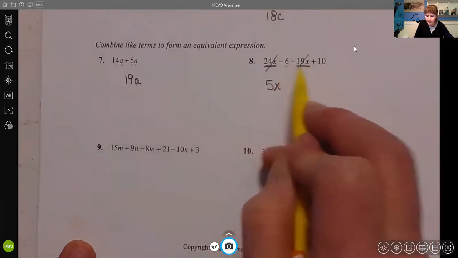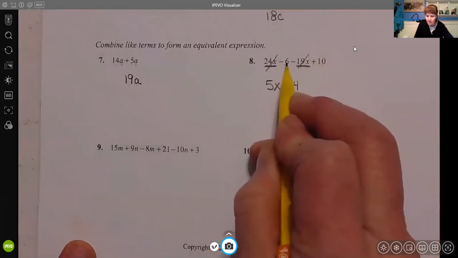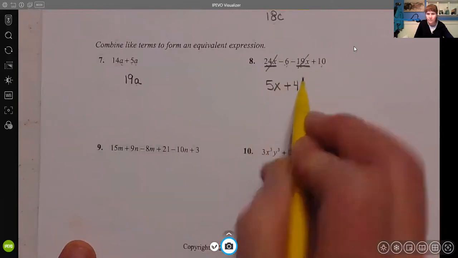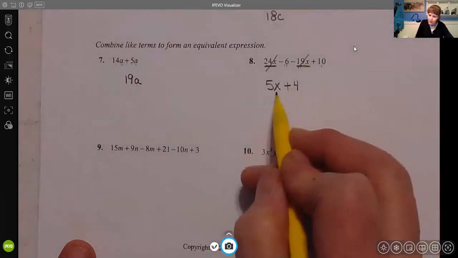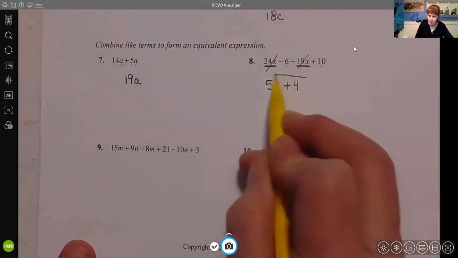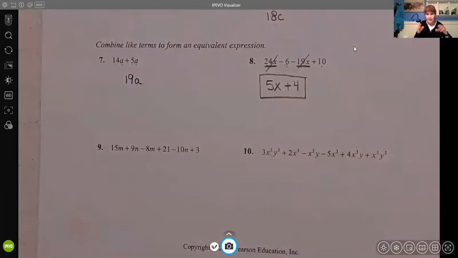A -6 and a +10 is a +4, because those 6 negatives will take care of 6 of those positives, which leaves you with 4. You're done. You cannot go any further because this 4 does not have an x. So if they're not like terms, they have to stay separate from each other. So it's just 5x plus 4. There's your answer. There's your equivalent expression, or a simplified expression.